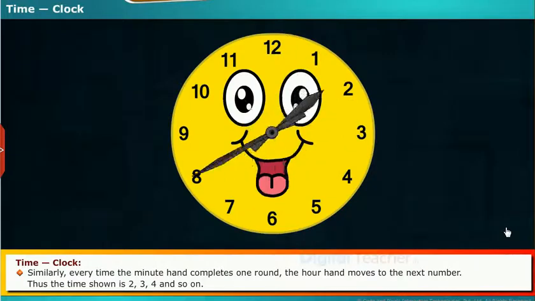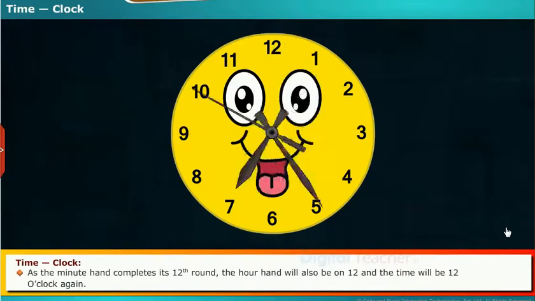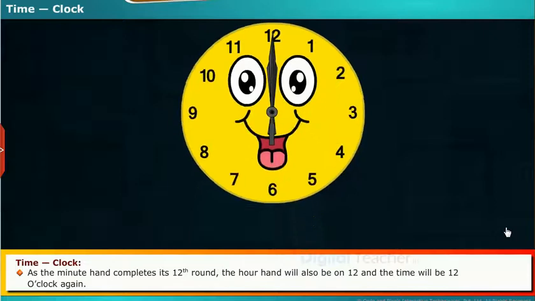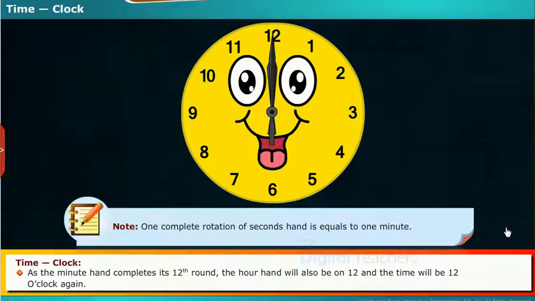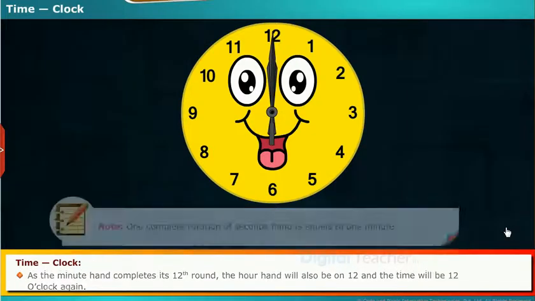Thus, the time shown is 2, 3, and 4, and so on. As the minute hand completes its 12th round, the hour hand will also be on 12, and the time will be 12 o'clock again. Note: one complete rotation of seconds hand is equal to 1 minute.